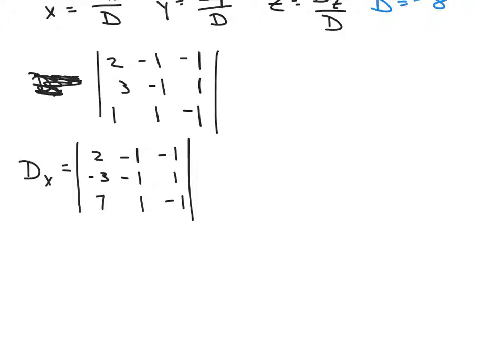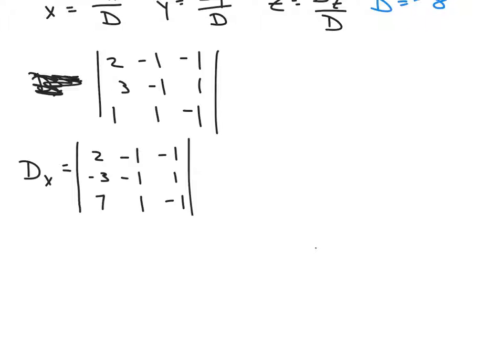Okay? And then we're going to do the exact same thing as before: 2, 3, 7, and then we're going to put the 2 by 2s afterwards, and follow the same rules we did before. Okay.